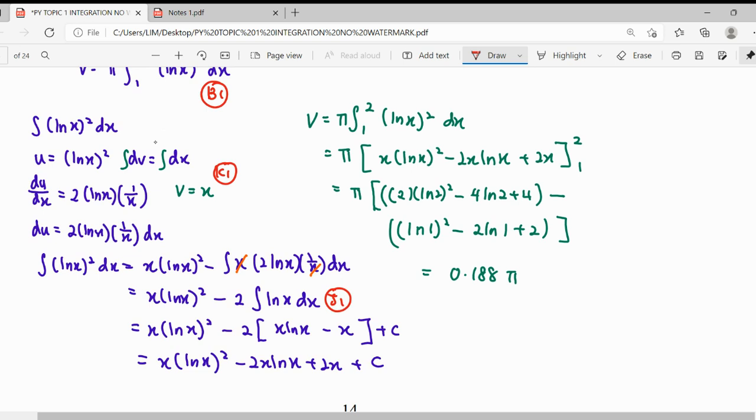Then we reuse again our integration by part from part B. Okay, then we apply back into our volume here, substitute upper limit minus lower limit to get our volume answer.